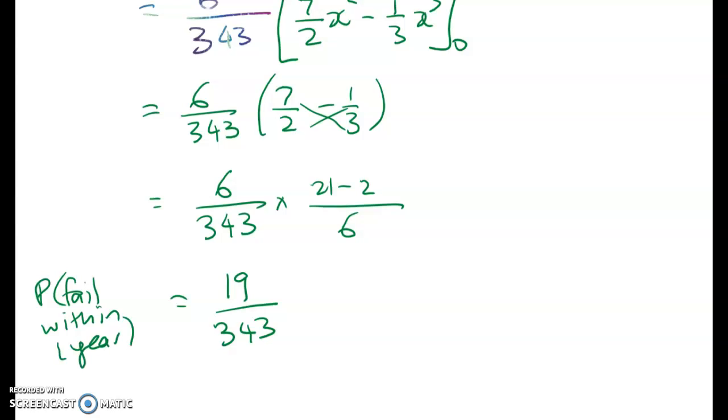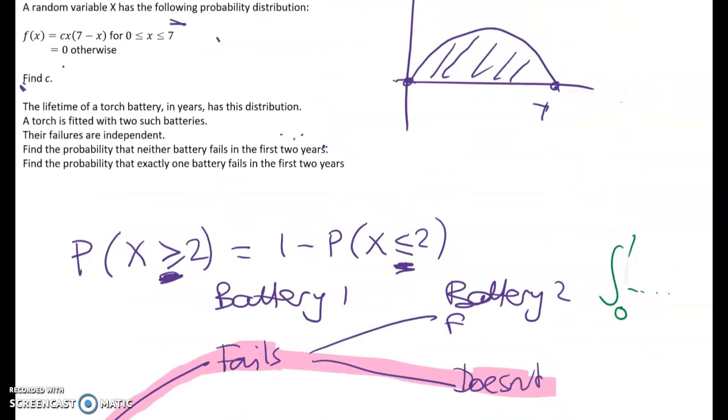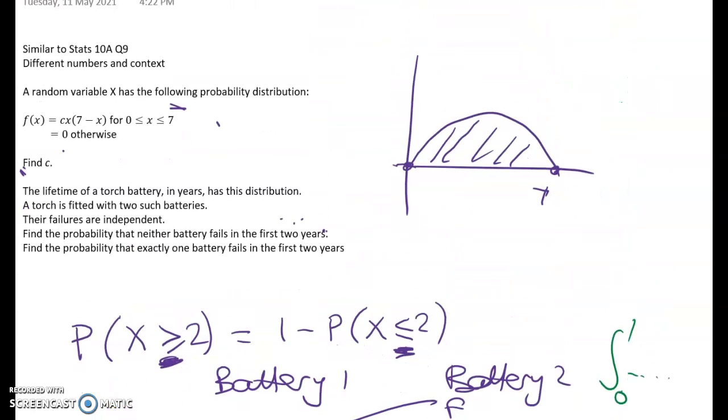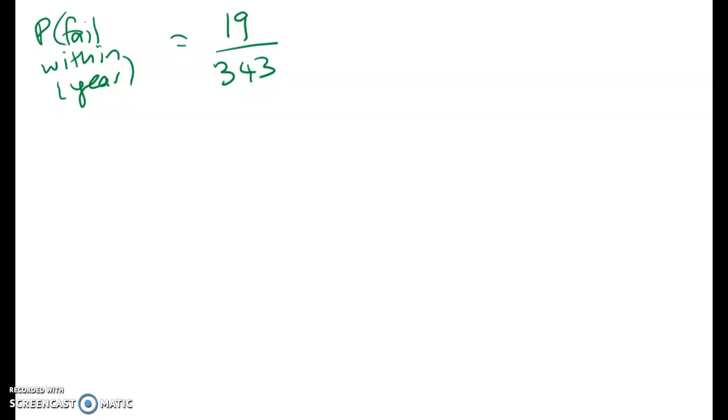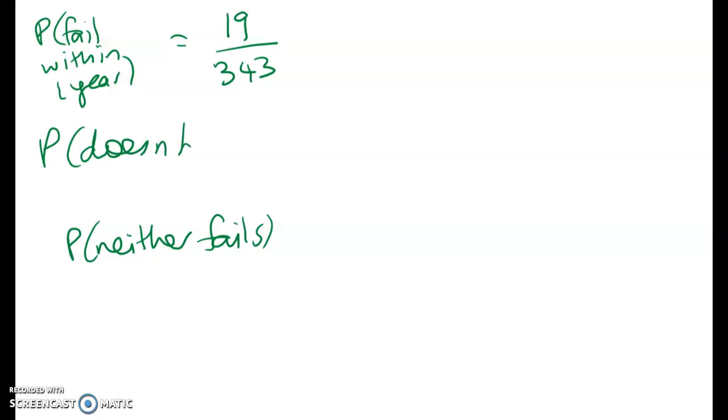And going back to that question, we want the probability that neither fails in the first 1 year. So again, if the probability that it fails within 1 year is that, then the probability that it doesn't must equal 324 over 343.